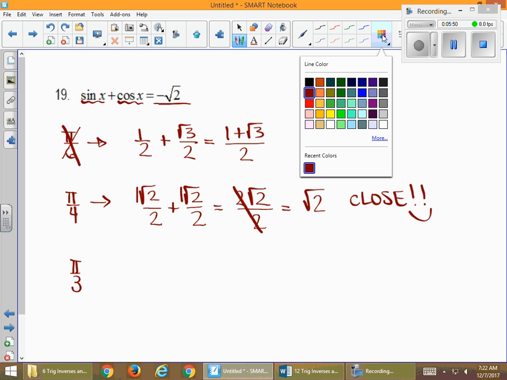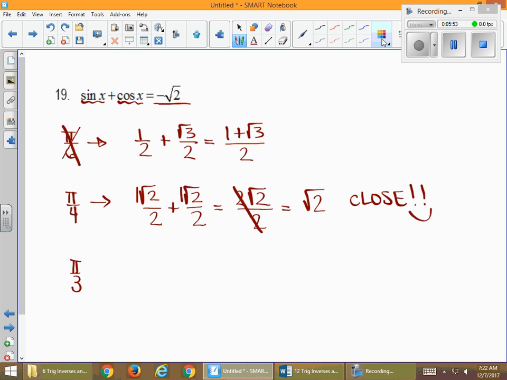Now we need to play with our negatives and positives. How are we going to get negative radical 2? Well, if I make just one of these negative, like if I were to make just my sine value negative, I'd have a negative and a positive and everything would cancel and I would get 0. So just having one of them negative, whether it was sine or cosine, isn't going to work for us. If I have both of them negative, I would have negative 1 radical 2 plus negative 1 radical 2, which would give me negative 2 radical 2 over 2.